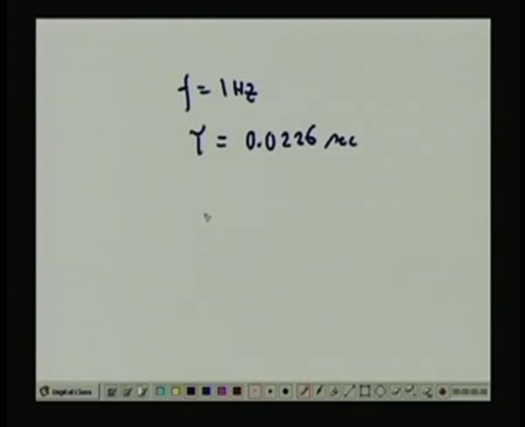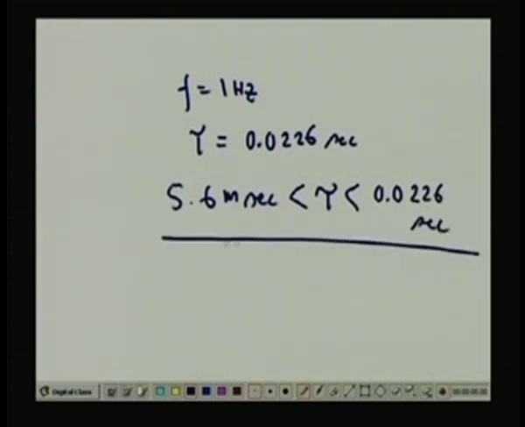So the tau should lie between 5.6 milliseconds and 0.0226 seconds. If the time constant lies between these values, I can handle the signal for a first order instrument from 1 hertz to 4 hertz.